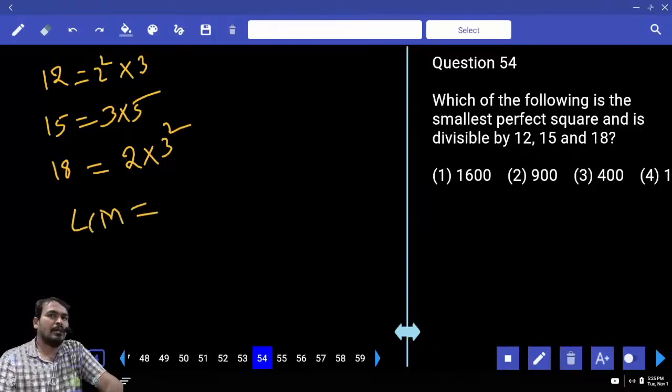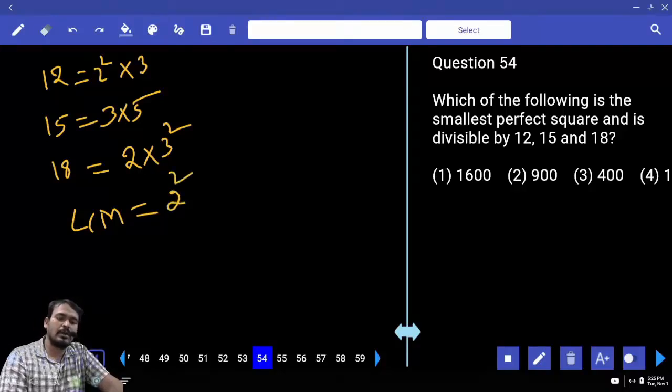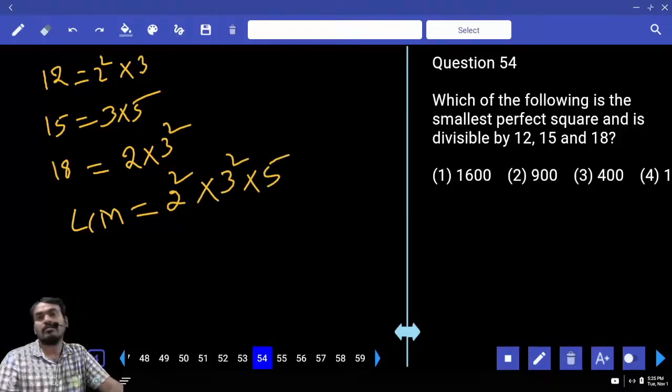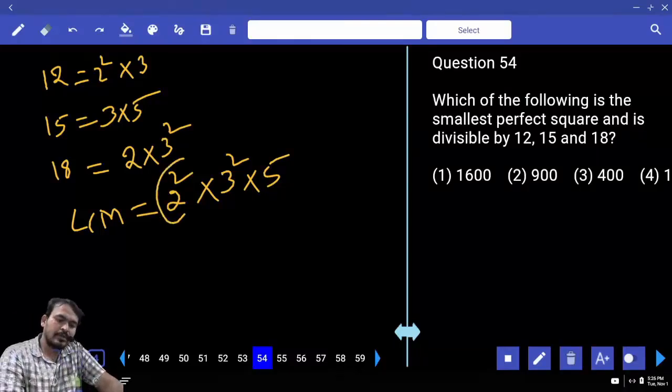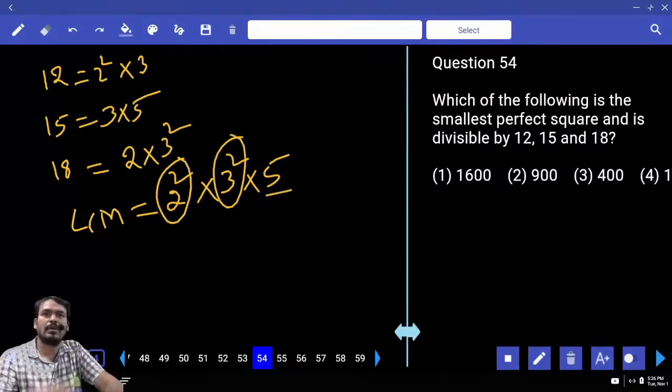First we write down all the prime numbers. After that, highest powers or lowest powers? Highest powers: 2 square, 3 square, into 5. For that number to become a perfect square, 2 square and 3 square are already perfect squares, and 5 multiplied by 5 gives a perfect square.